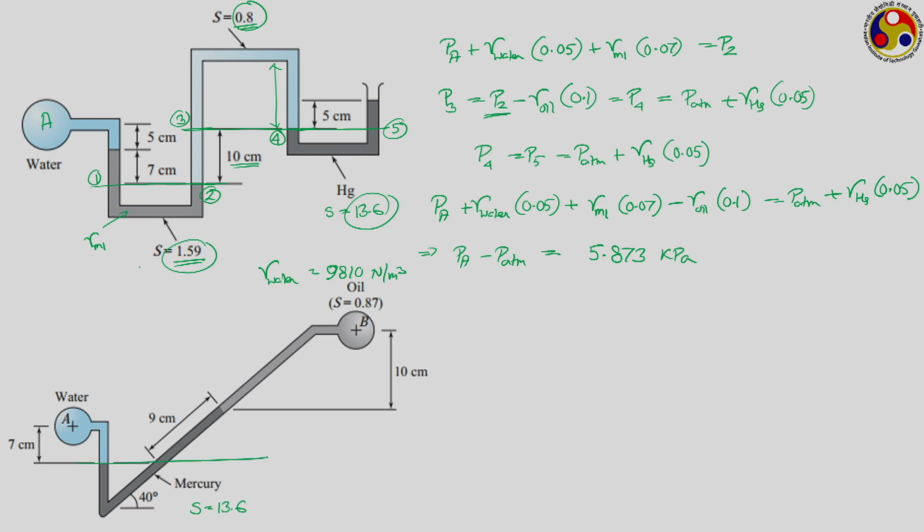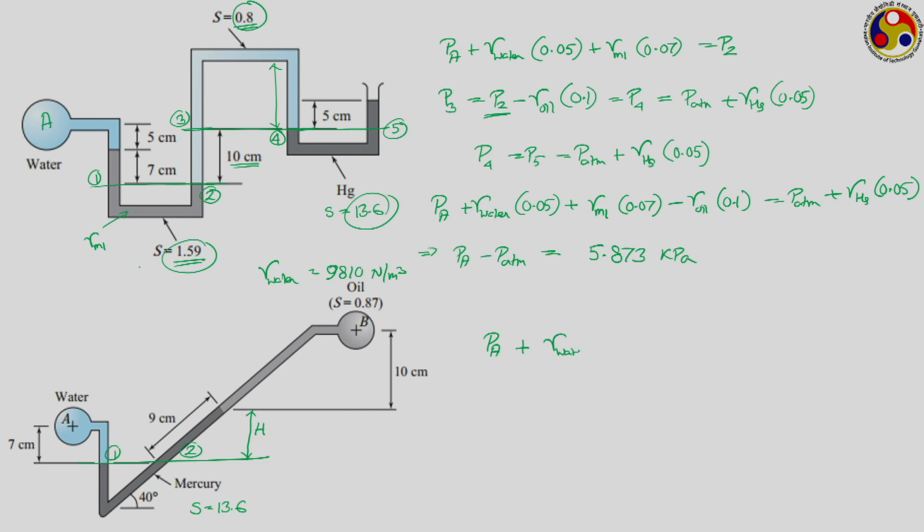Let us take this particular plane, because below this we are having only mercury, so we can continue with this. Let us say this is our position 1, this is our position 2, and let us consider this particular height to be equal to capital H. So, pressure at point 1 is equal to P in tank A, plus a water column of height 7 centimeters.